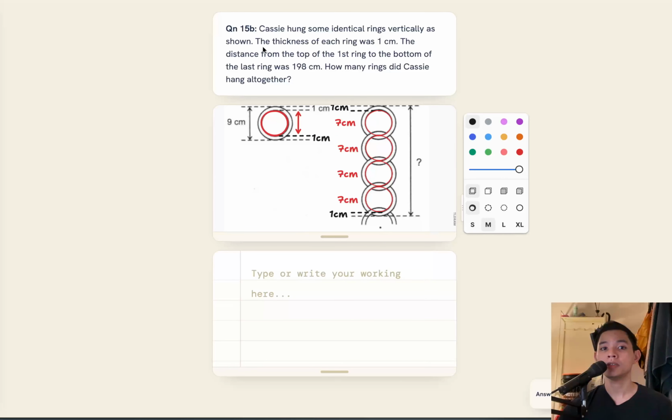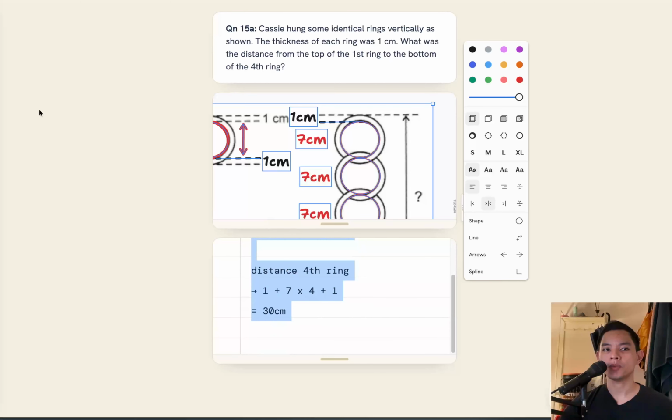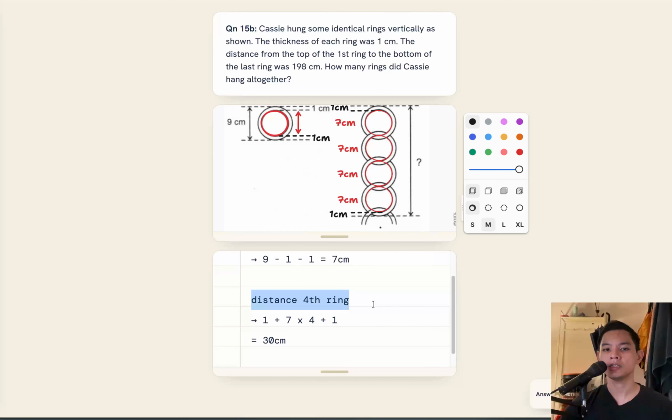So for part B, the distance from the top of the first ring to the bottom of the last ring was 198 centimeters. How many rings did Cassie hang altogether? From what we've calculated earlier, we know that the distance for the fourth ring is equal to 1 plus 7 times 4 plus 1.